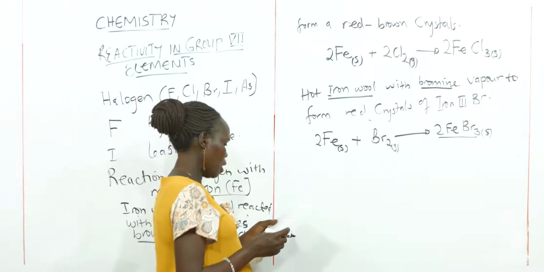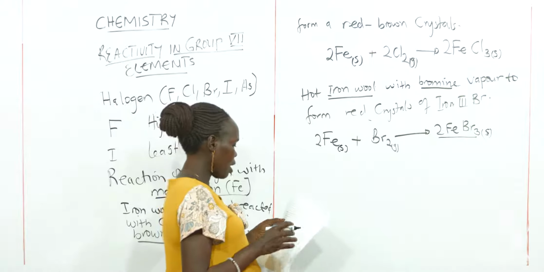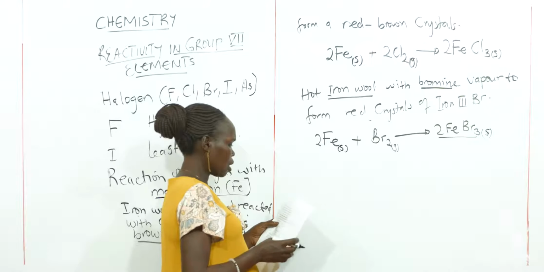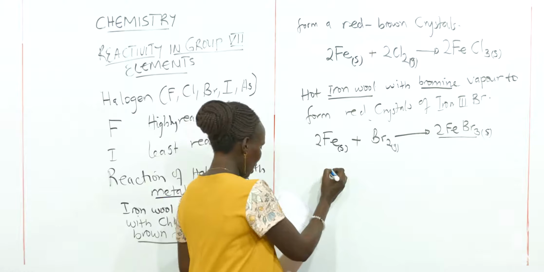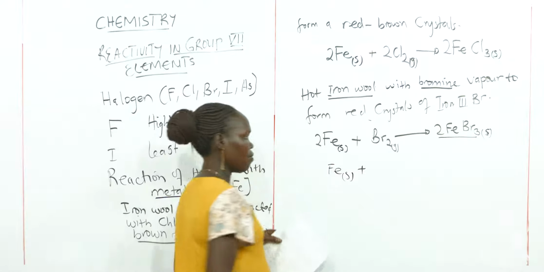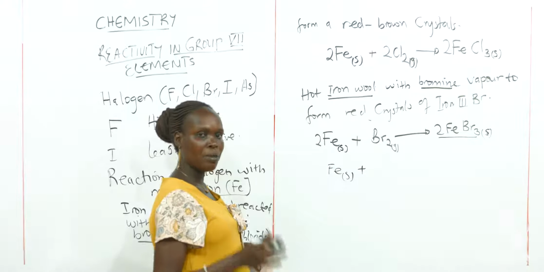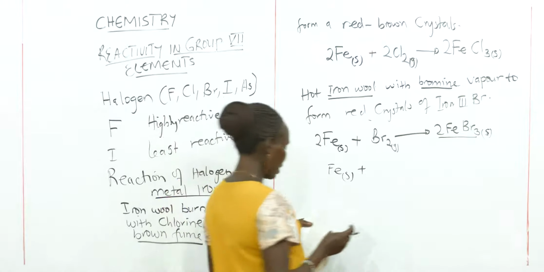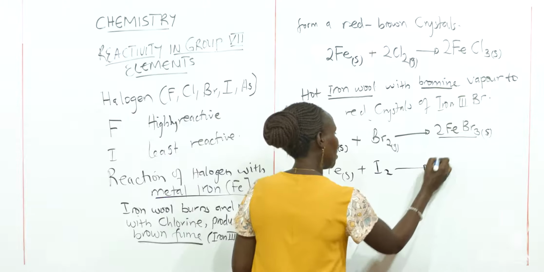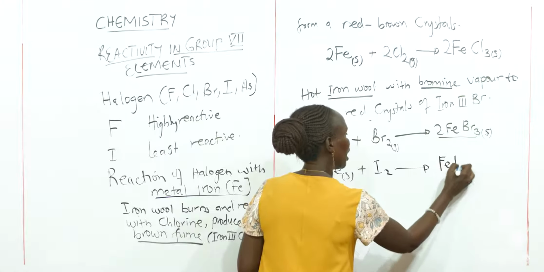So in this case we have seen that as you have iodine with the iron, the reaction will proceed in a very slow way. Why? Because iodine is the least reactive, and it will give us this product, which is iron 2 iodide.